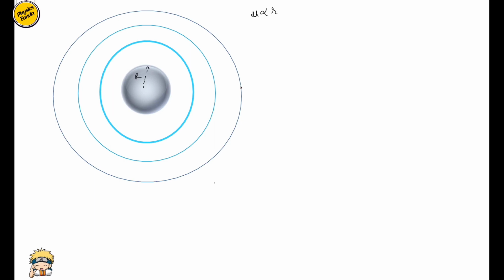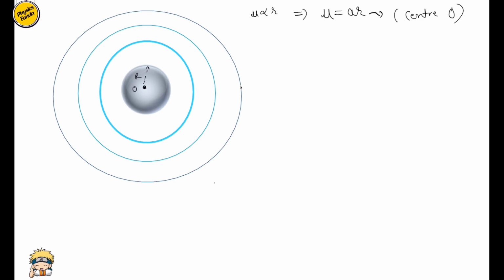Since mu is proportional to small r, I can write mu equals some constant times small r, and this small r is measured from the center O of the metallic sphere. That means the closer we are to the metallic sphere, the lower the refractive index.